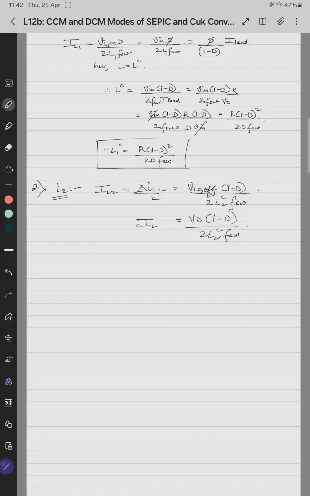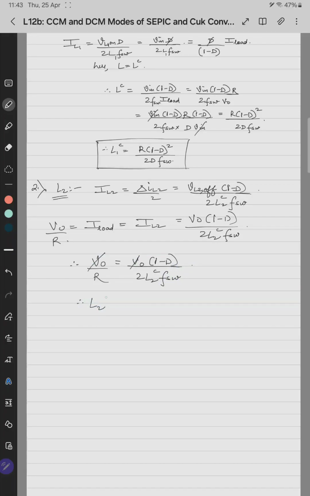This is IL2. And what is IL2? IL2 is I load, and I load is V naught by R. So V naught by R equals V naught into 1 minus T by 2 L2 critical into F switching. So this will get cancelled.